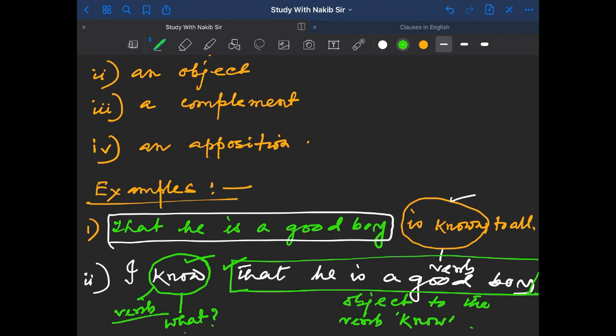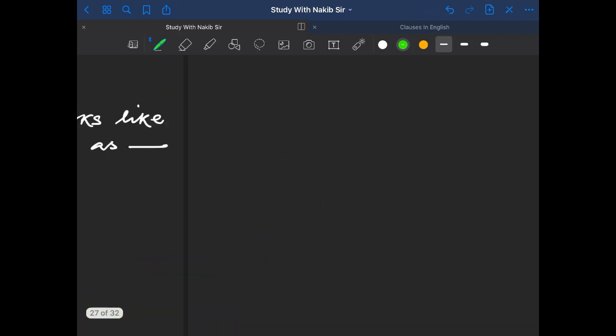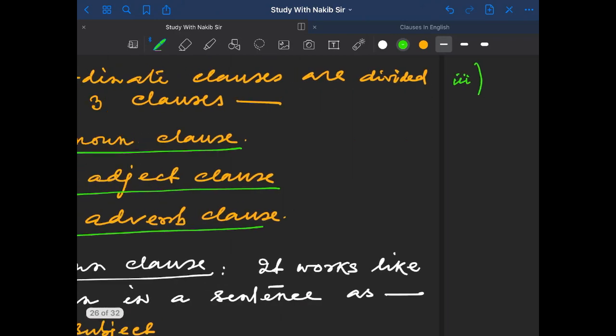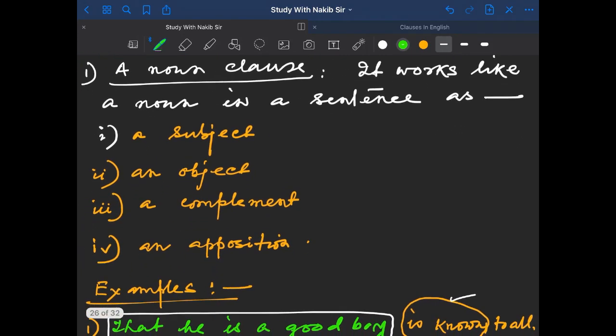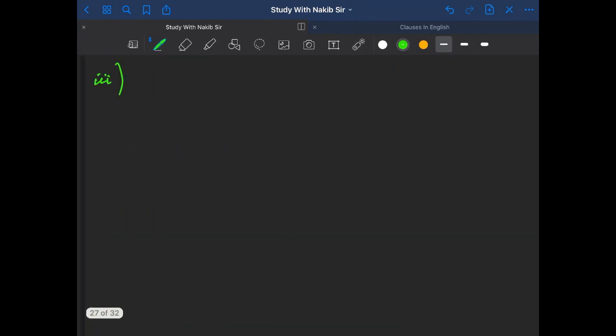Okay. Now example number 3, a complement. The fact is, what is the fact? Incomplete.